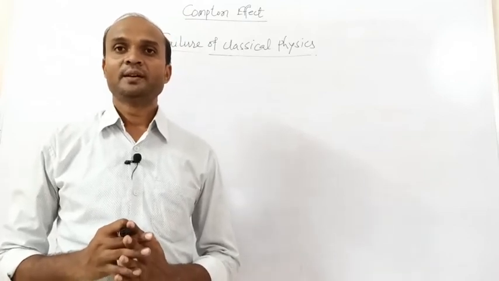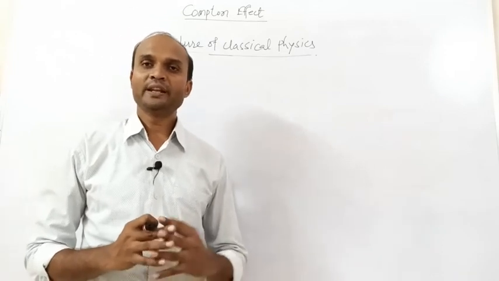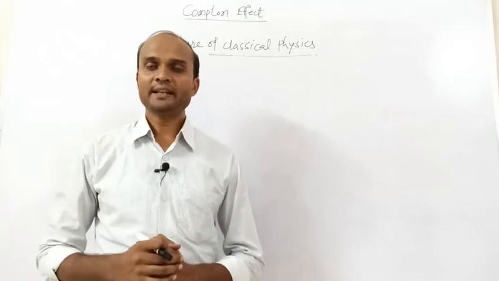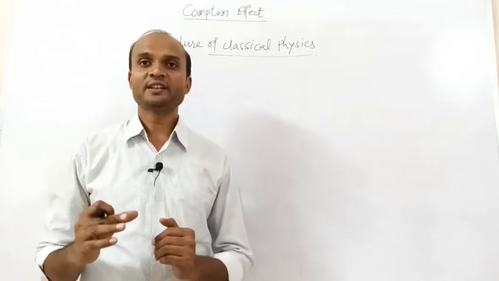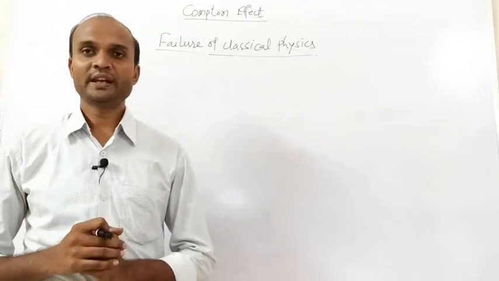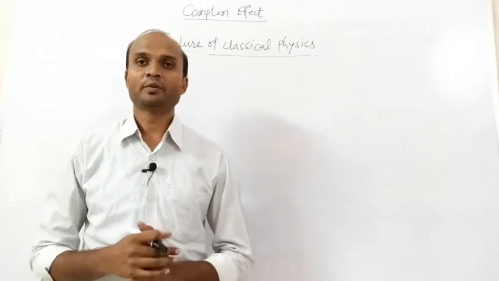But in the Compton effect, it was observed that whenever X-rays are allowed to scatter from a light element, there is a modification in the incident wavelength. We get the original wavelength as well as a slightly longer wavelength.